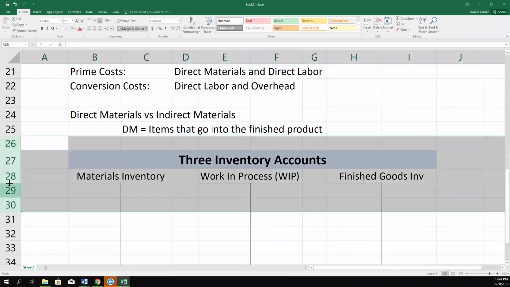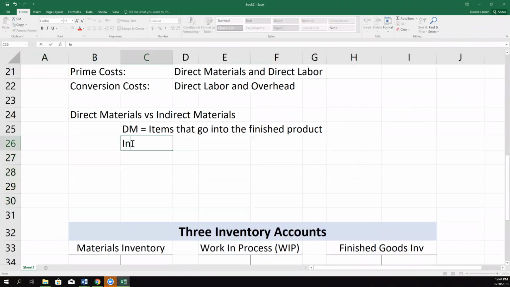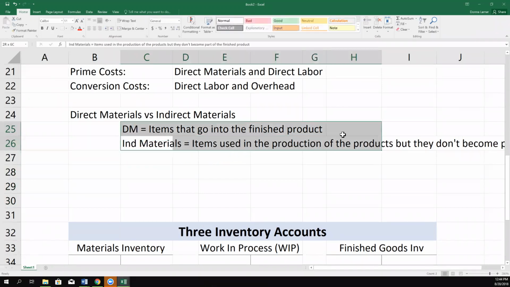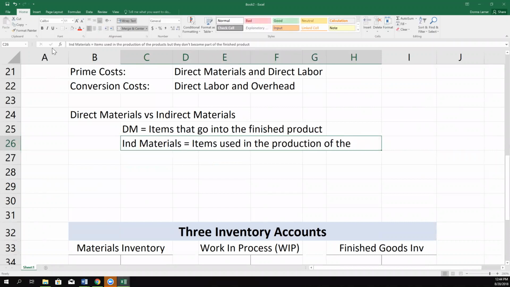That's why we're going to go into a discussion of what are indirect materials. Okay, indirect materials.